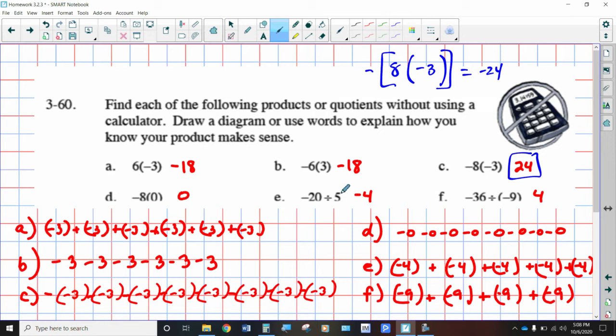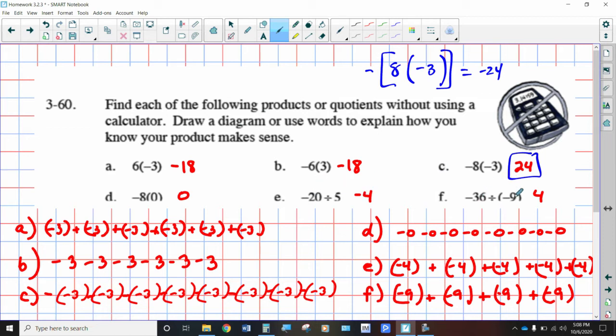And here, I wasn't quite sure what they were going at, so I just kind of did the reverse. Negative 20 divided by 5 is the same as 5 times negative 4 gives you negative 20. If you didn't understand what to do there, but you knew that the rules for multiplying positives and negatives together were the same as the rules for dividing them, then you would know that when you are dividing numbers with different signs, you're always going to get a negative answer.